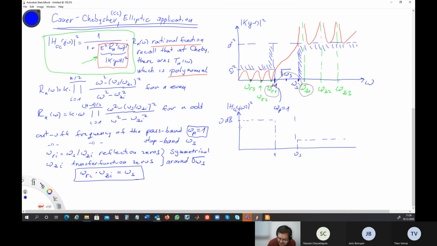Let's say like this. This is A, B, A, S, or we'll call it later. Here we have some ripple, the same as in the characteristic function.